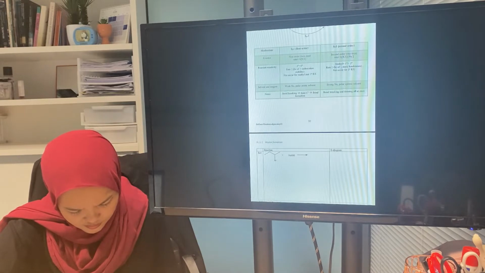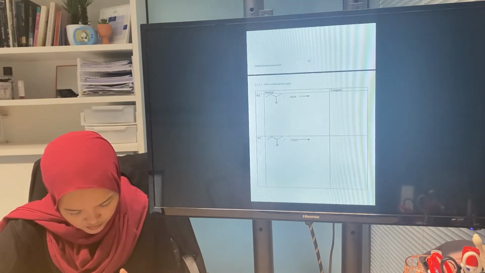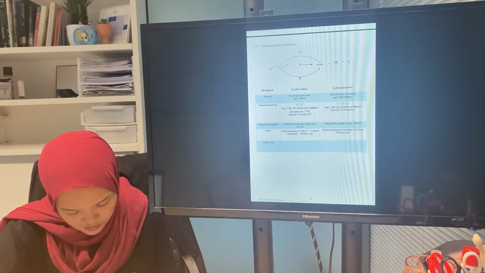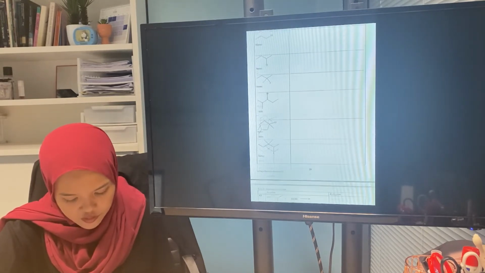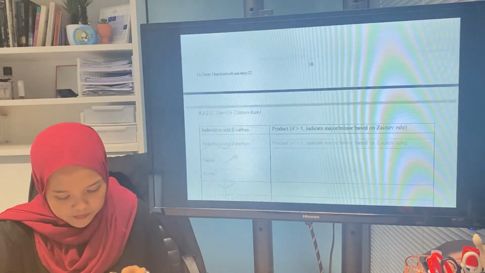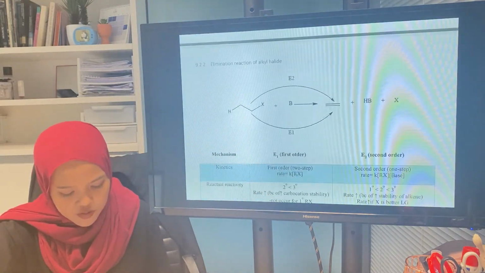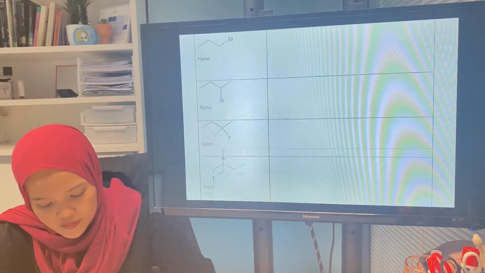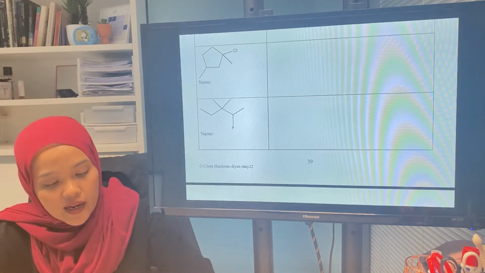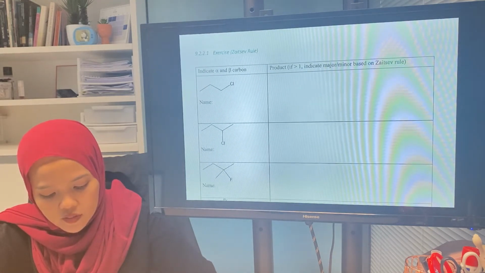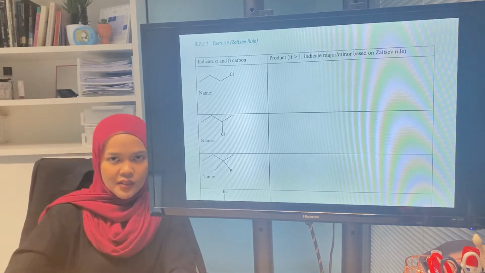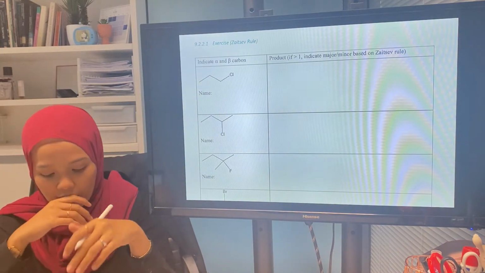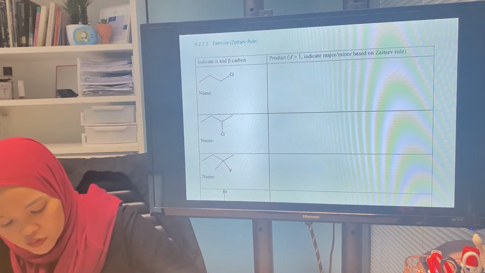This is elimination reaction. Let us have a look at elimination reactions of alkyl halide. It is at page 39. Here, indicate the alpha and beta carbon, and then after that you draw the product.